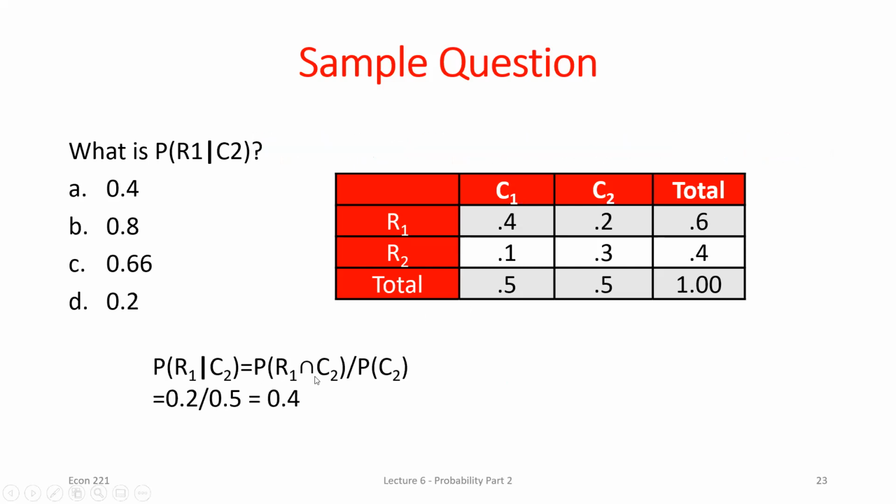So the intersection of R1 and C2 divided by C2, so 0.2 divided by 0.5, gives us 0.4. So even though we can't directly get it from that table, we can always find intersections and the probability of events themselves from this table. That's a little bit of work, but we can always find those conditional probabilities from that contingency table. It's just not quite as easy as finding the intersection.